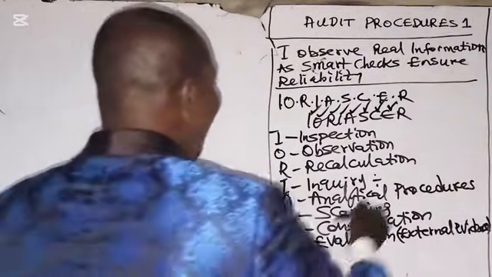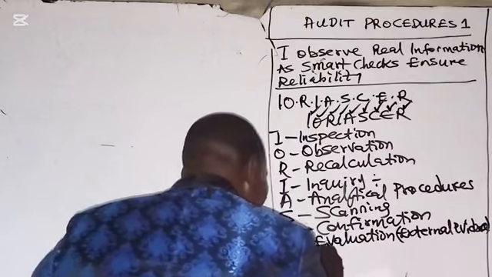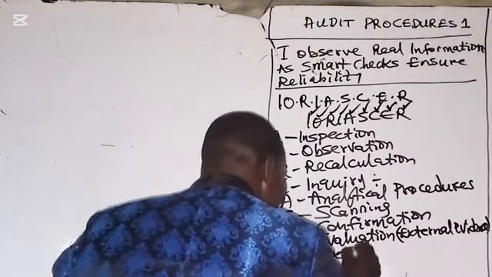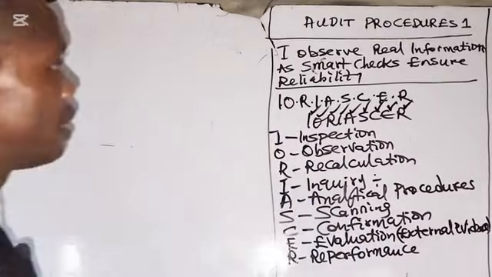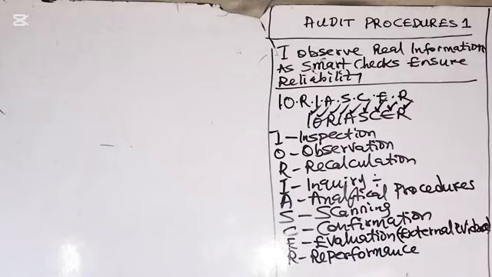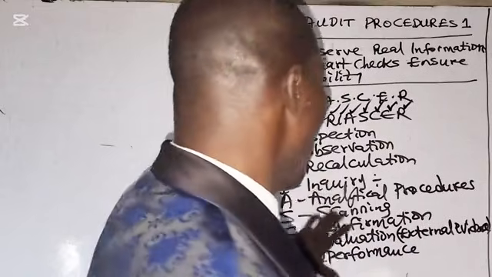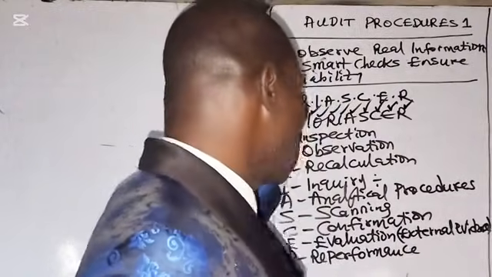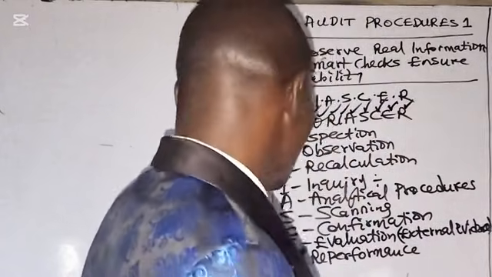The last letter is letter R, which stands for reperformance. Reperformance, that is, you do the control or process again yourself. It means you do the entire process you have carried out. You redo them. That is reperformance.